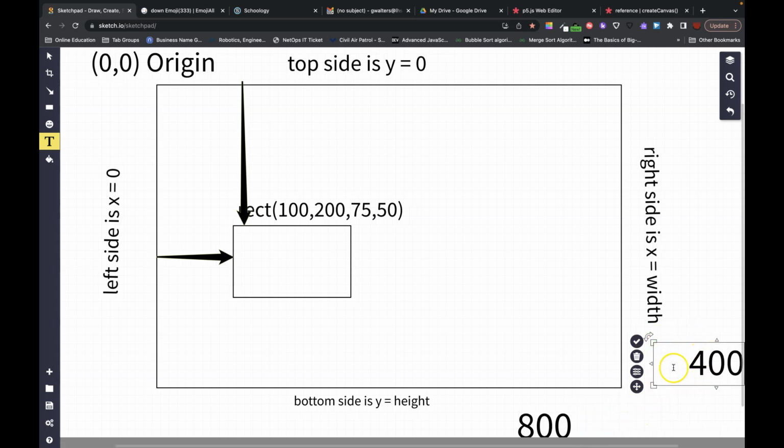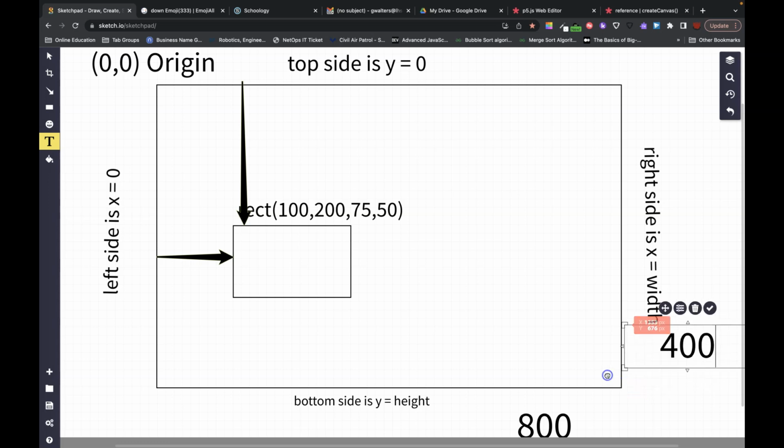So if that was how I was referring to everything, then I can use that to understand where I am. If I want to draw this rectangle in relation to the right side, I can subtract from this side instead of moving from the other side, because the origin is always in the top left.